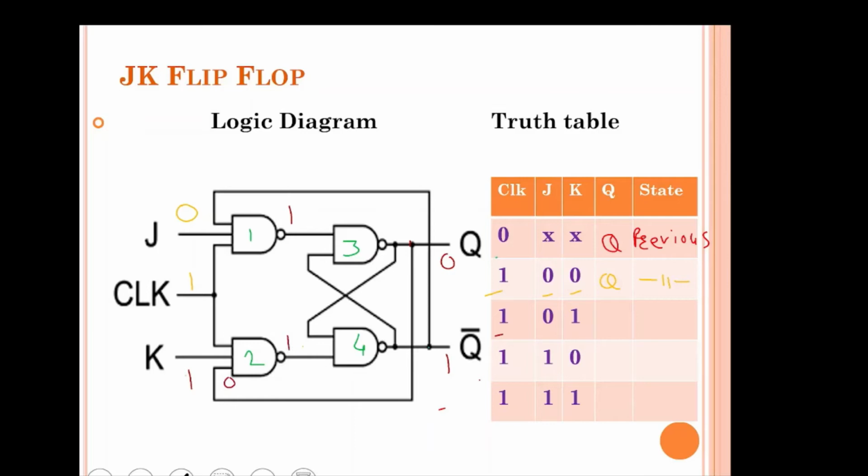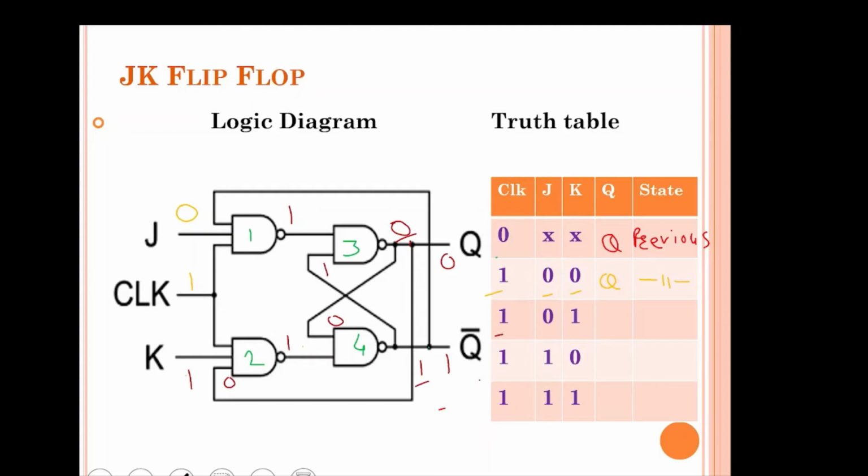Then look at this. This 0 goes here. 0 and 1 will be 1. Here also this 1 goes here. 1 and 1 will be 0. It means that for 0 1 output, means if the previous state is 0 1 and if J is 0 and K is 1, the next state output is 0 1.